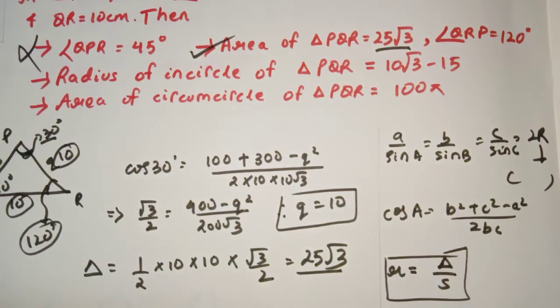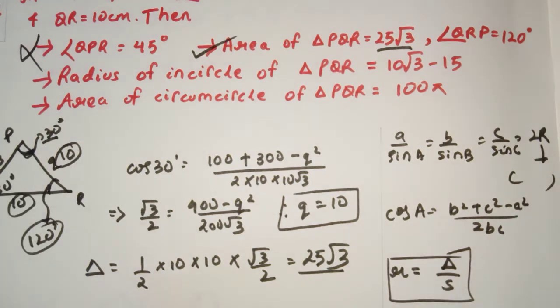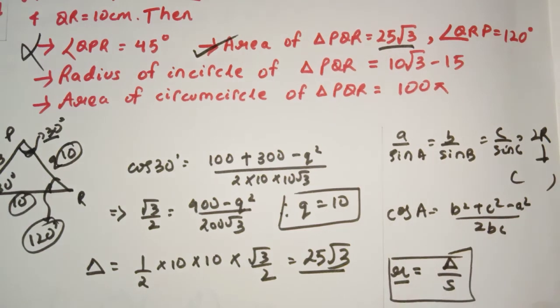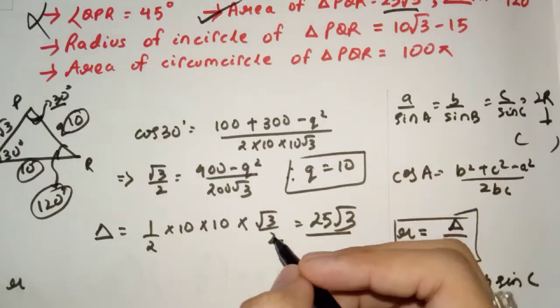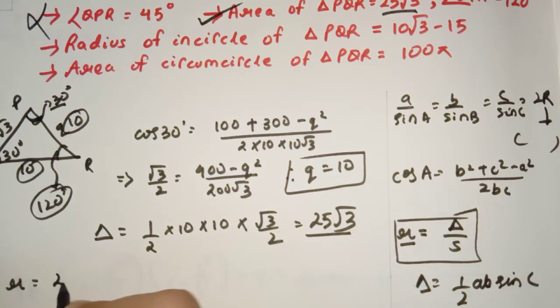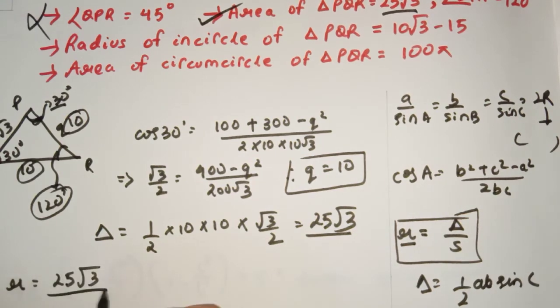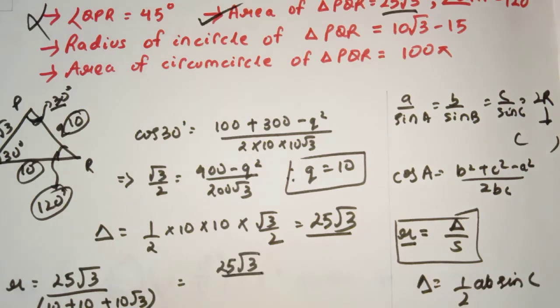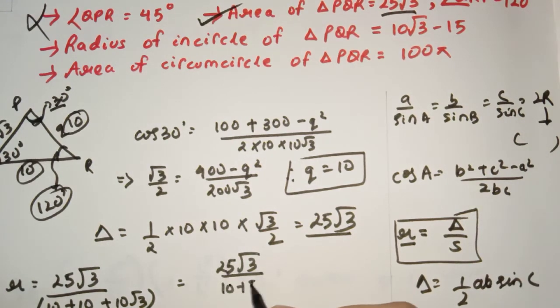Now radius of inner circle of triangle PQR. What do you mean by radius of inner circle? It means small r. The most common formula I said is delta by s. So small r is equal to delta 25 root 3 and s is semi perimeter, 10 plus 10 plus 10 root 3 by 2, right? 25 root 3 by 10 plus 5 root 3.